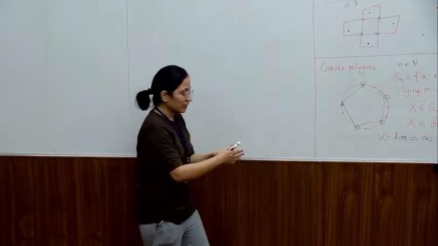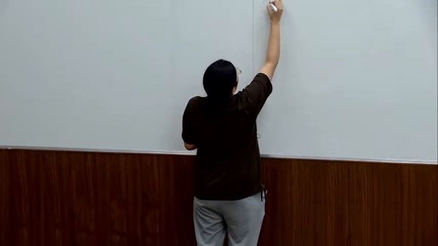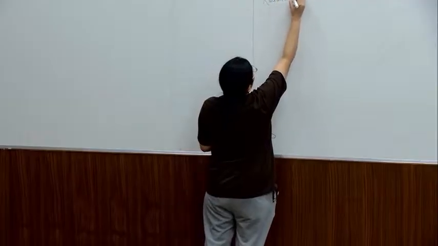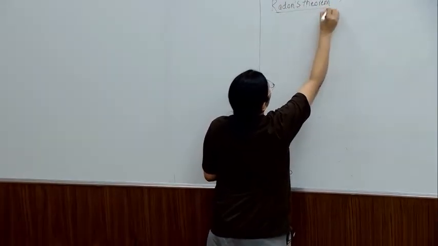And there is a theorem called Radon's theorem. I wanted to do a proof also, but I'll just state the theorem, and it will imply the VC dimension for half spaces in D dimensions.